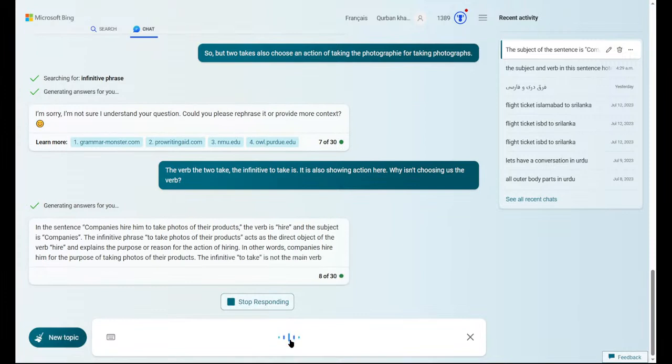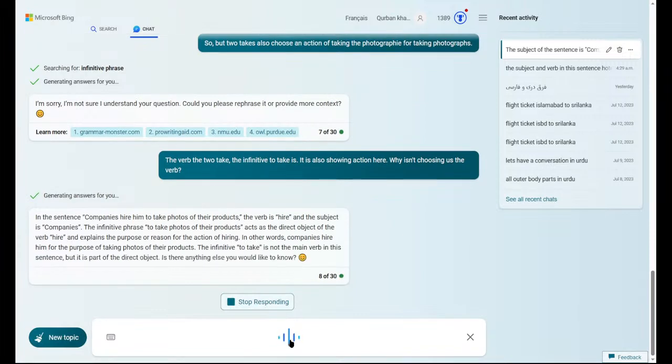In the sentence, companies hire him to take photos of their products, the verb is hire, and the subject is companies. The infinitive phrase, to take photos of their products, acts as the direct object of the verb hire and explains the purpose or reason for the action of hiring. In other words, companies hire him for the purpose of taking photos of their products. The infinitive to take is not the main verb in this sentence, but it is part of the direct object. Is there anything else you would like to know?